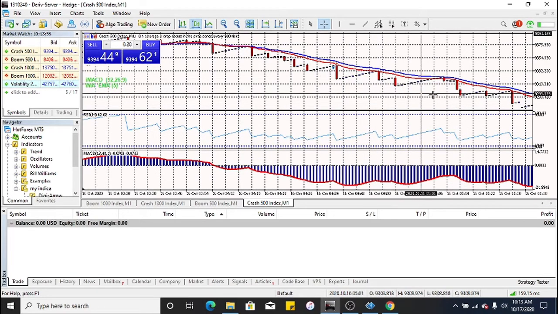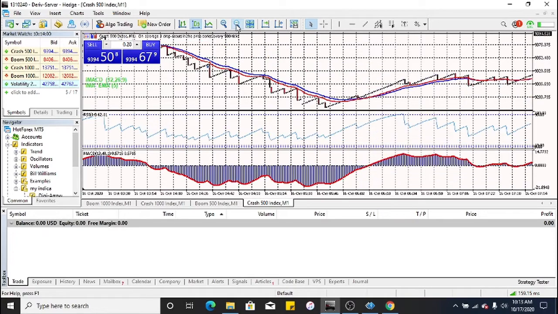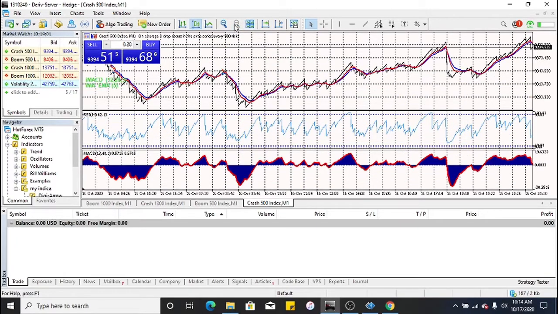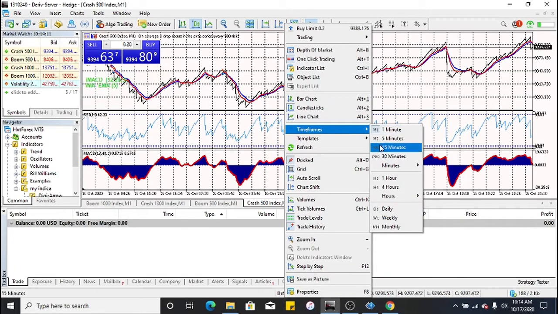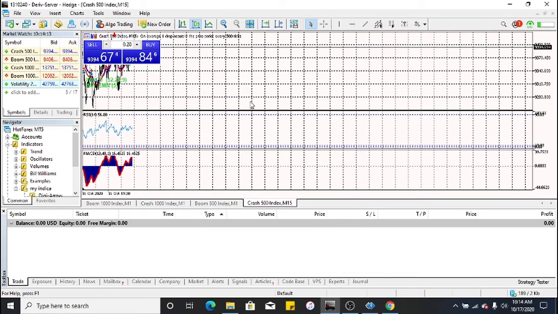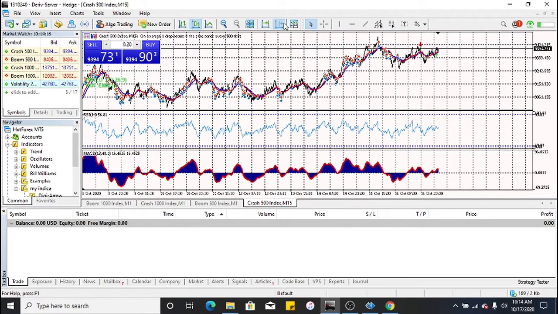But don't forget to always make sure that you know the trend of the market. Don't forget to zoom out and refer to the higher time frame, probably the 15 minutes time frame, to be sure. It has been ranging from here.